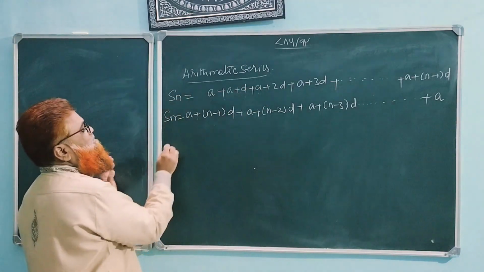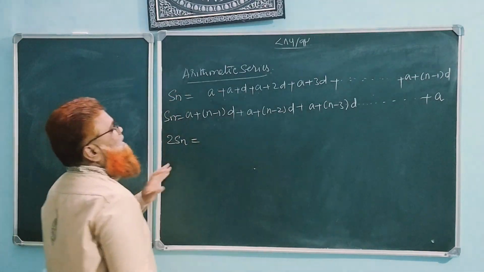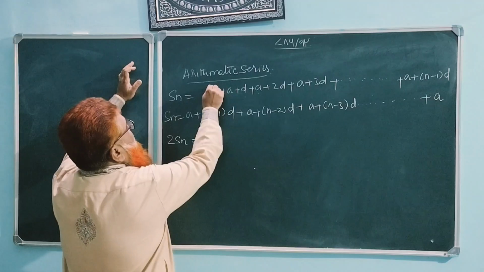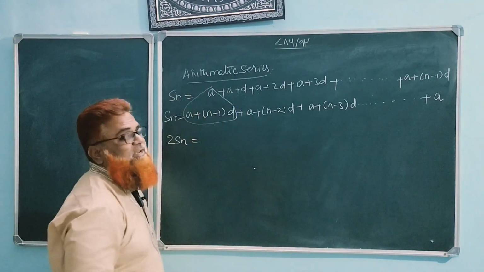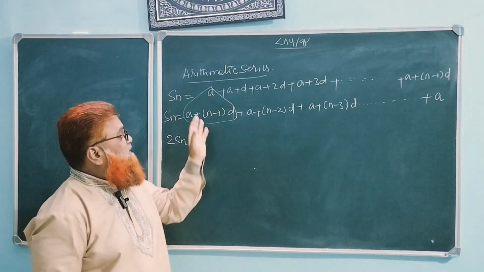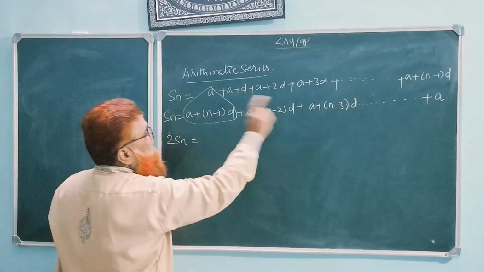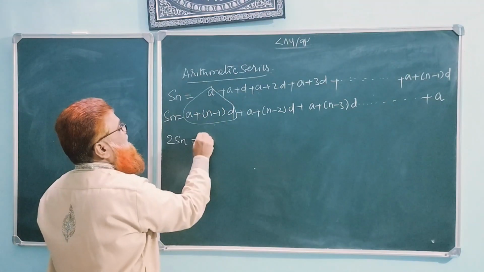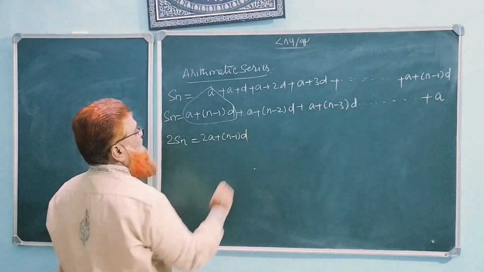Adding the LHS, S_n plus S_n, gives 2S_n. Now I have to add the right sides. Be careful and pay attention very carefully. I am adding the first term of one series and the last term: a plus a is 2a plus (n minus 1) into d.